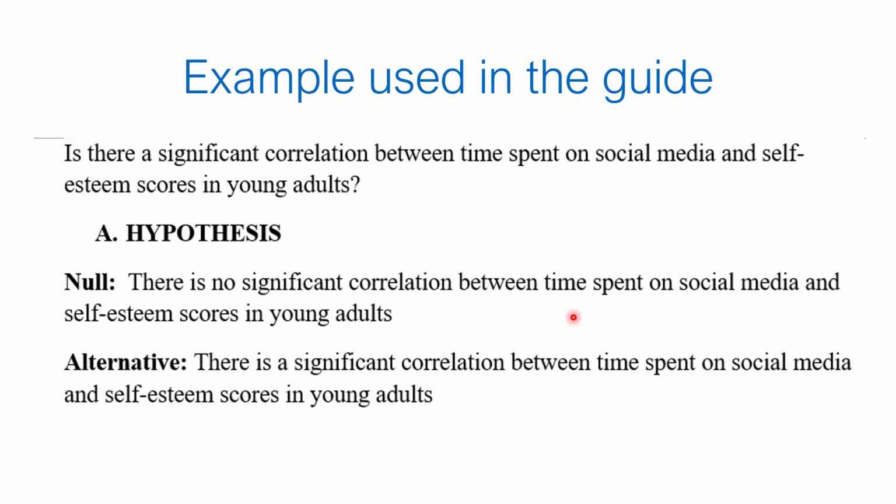The two variables that we have are the time spent on social media and self-esteem scores. Correspondingly, our alternative hypothesis would be there is a significant correlation between time spent on social media and self-esteem scores in young adults.